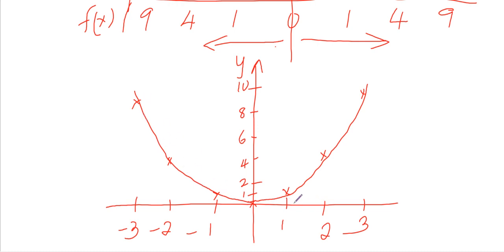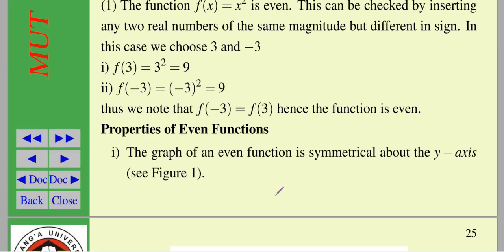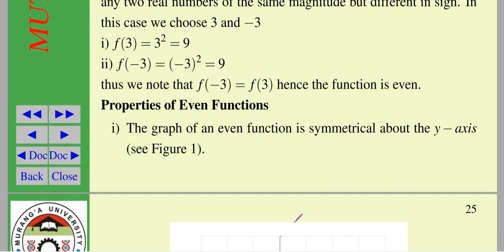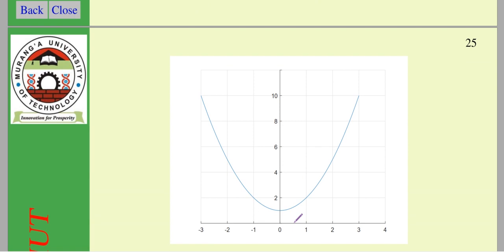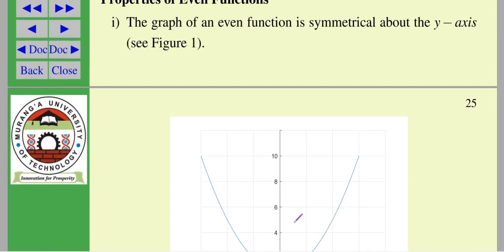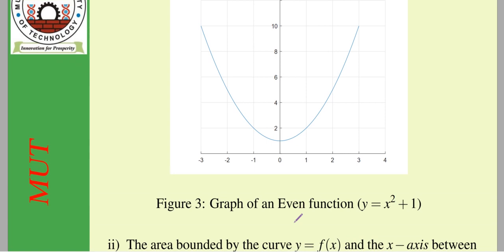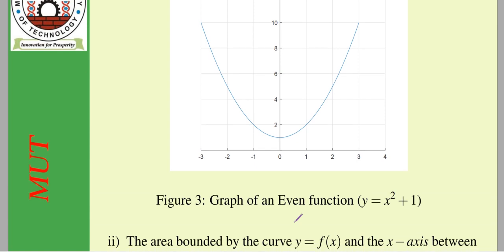So there is a line of symmetry, the y-axis. So basically what we are saying is that the graph of an even function is symmetrical about the y-axis. We have an example here. This is a graph of y is equal to x squared plus 1.